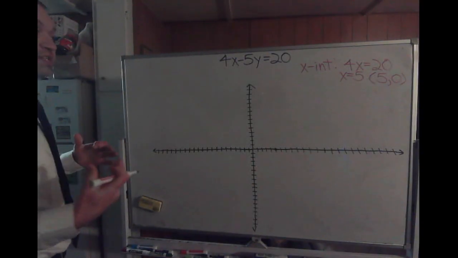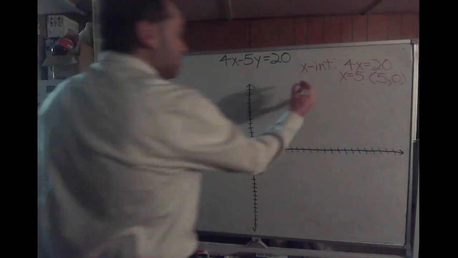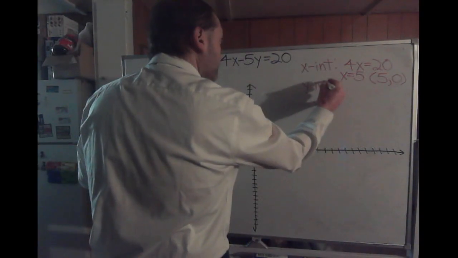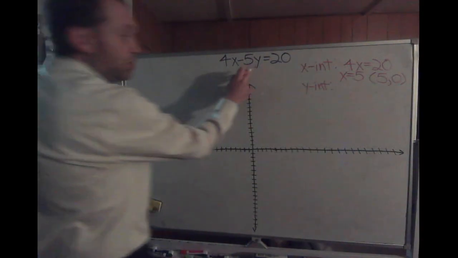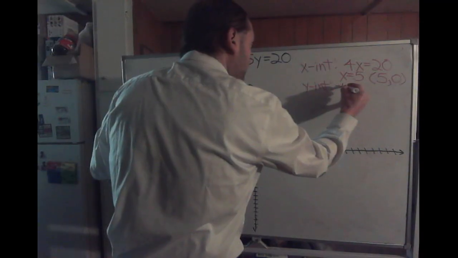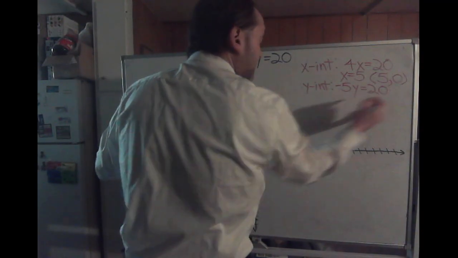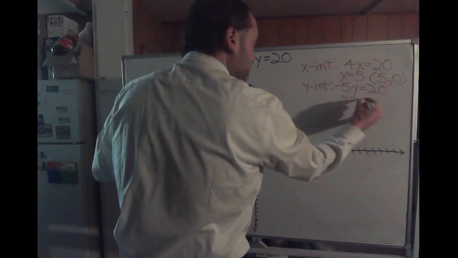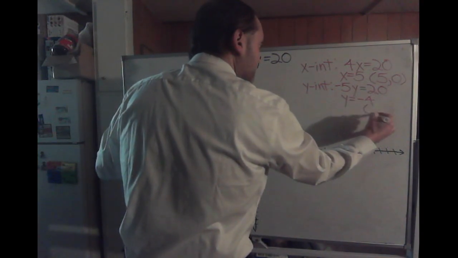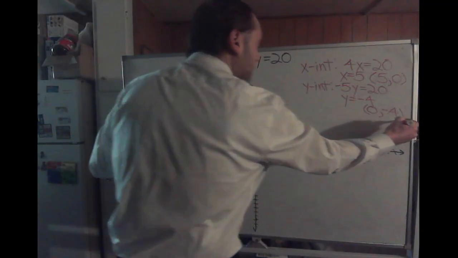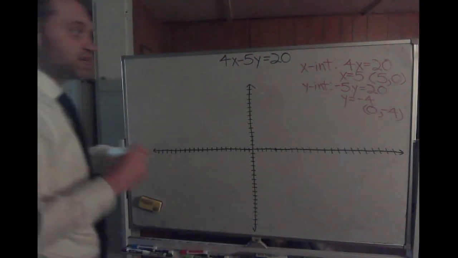Now let's do the same for your y-intercept. Your y-intercept, again, is when x equals 0. So in this equation, if x equals 0, you would just get negative 5y equals 20. Well, that's going to give you, of course, y equals negative 4. So you'll have a y-intercept of 0, negative 4. Your x-intercept is 5, 0.